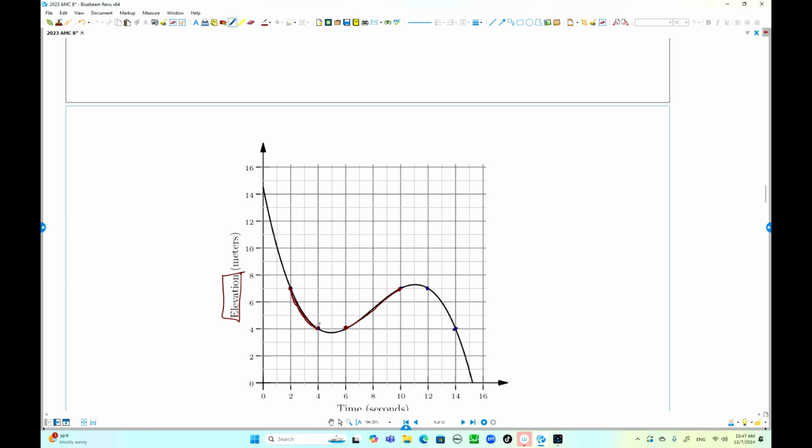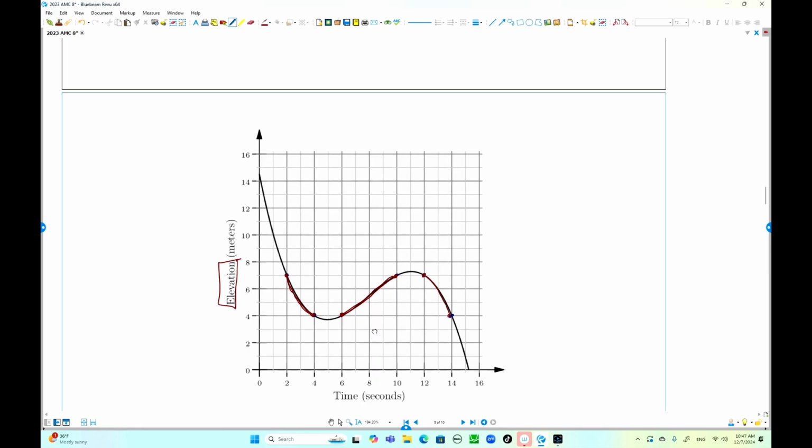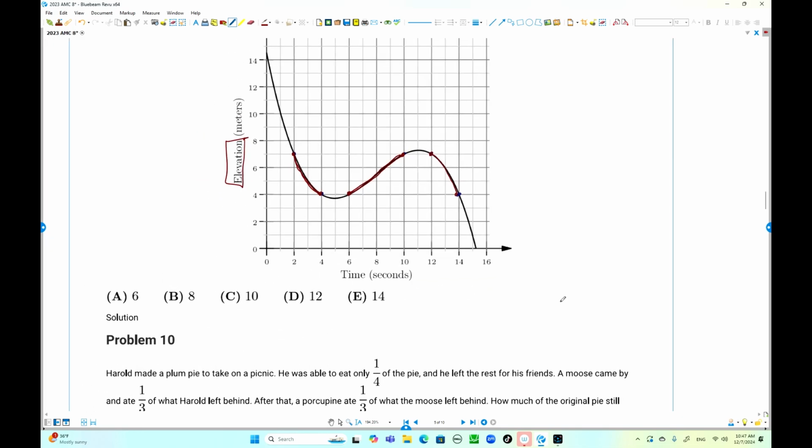So here and here and here. So between 4 and 7, there are 2 seconds. Here we go, from here to here, 4 seconds. And over here, 12 to 14 is 2 seconds. So 8 seconds, okay?